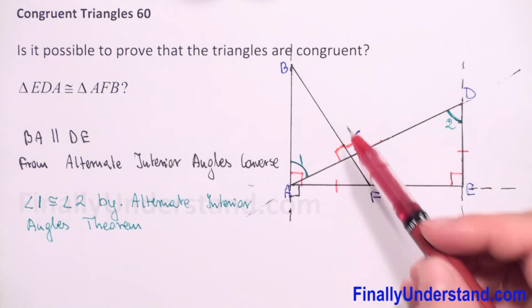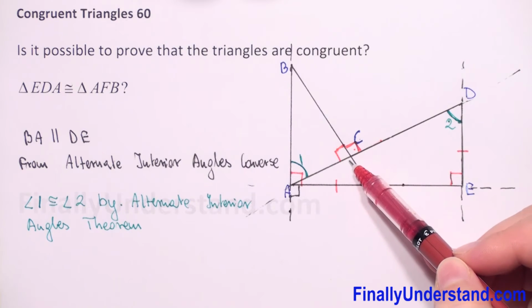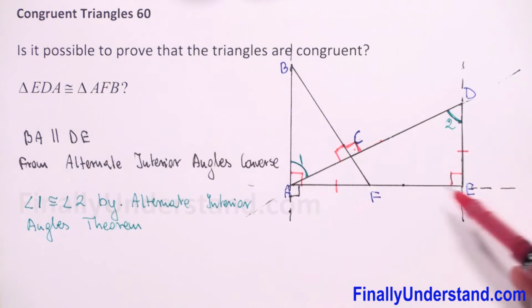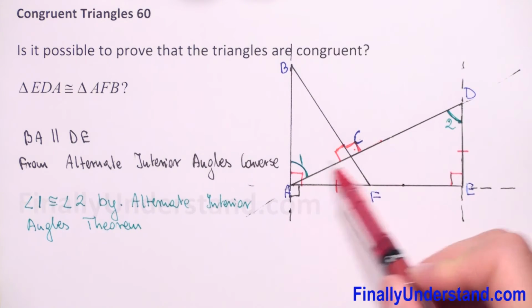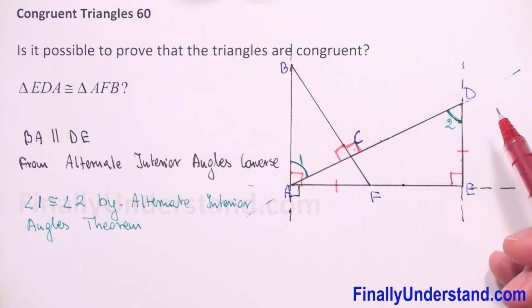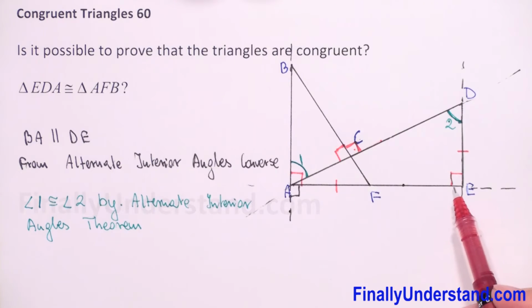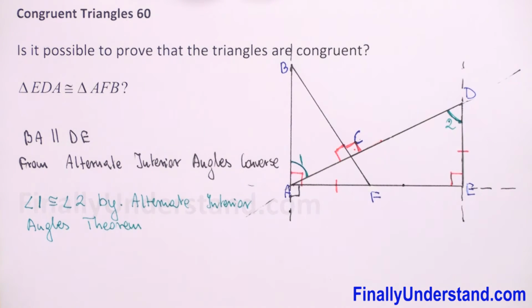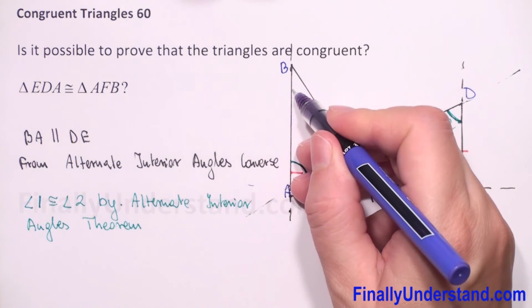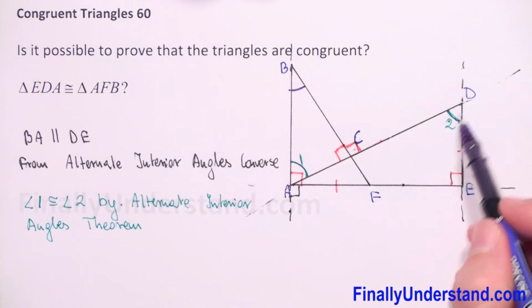And now this triangle BAC is right triangle, and triangle AED is right triangle. Because these two angles are congruent and this angle is right angle, the same as in triangle AED, it means that angle B must be congruent to angle DAE.